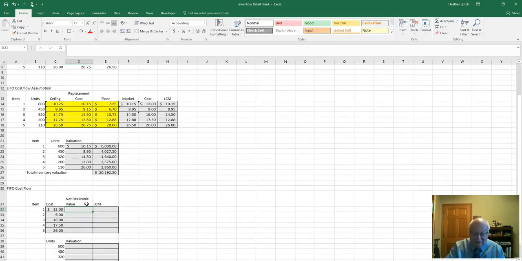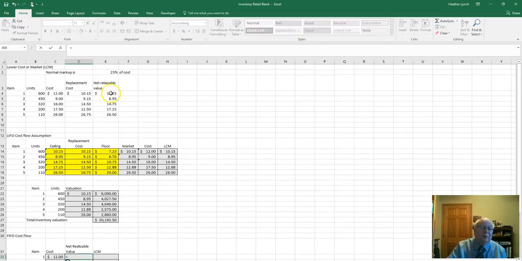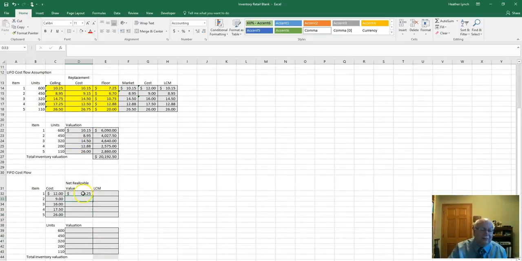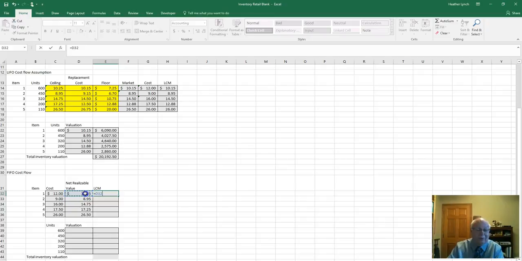We just use the net realizable value numbers, which is what the 10.25 is, and down further down. Okay, we use the net realizable value, so we actually use the ceiling prices. Then we compare them. So 10.25 is lower than 12.